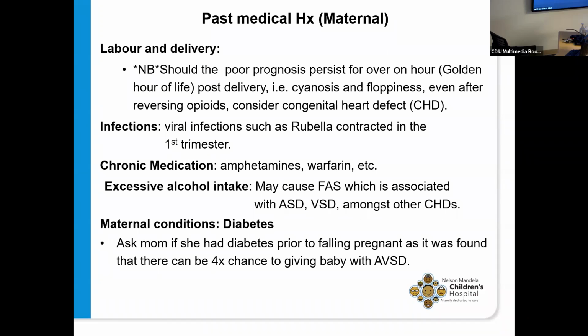And then if the mom had diabetes, we should ask if mom had diabetes prior to falling pregnant, as it is said that there is a 4 times chance of giving birth to a baby with AVSD if she had diabetes prior to, and also during, gestation.